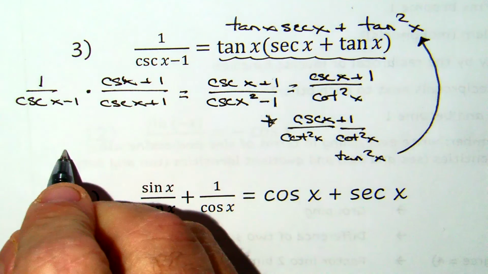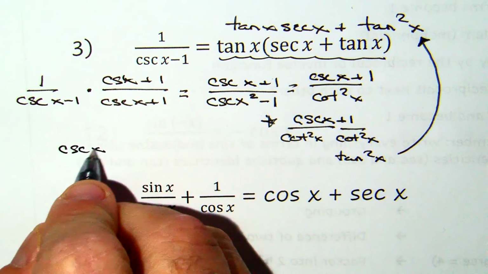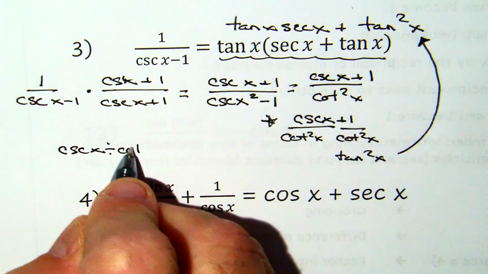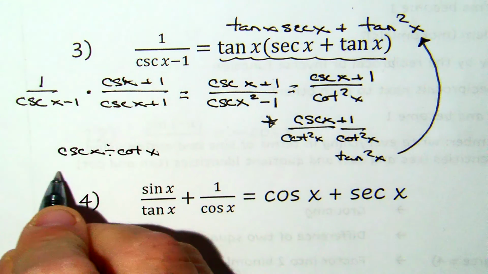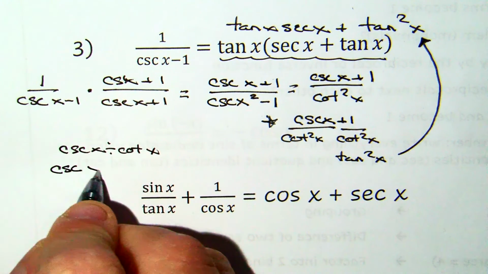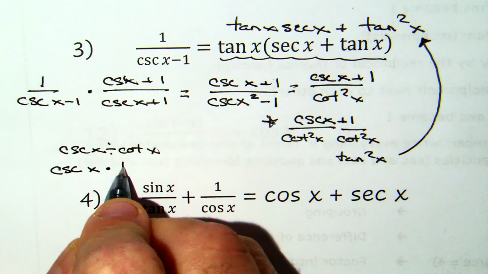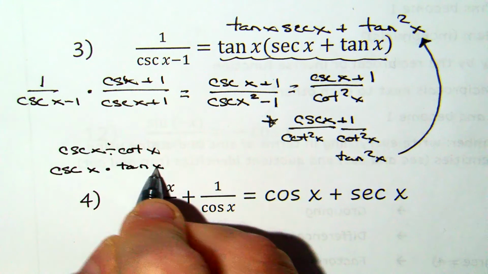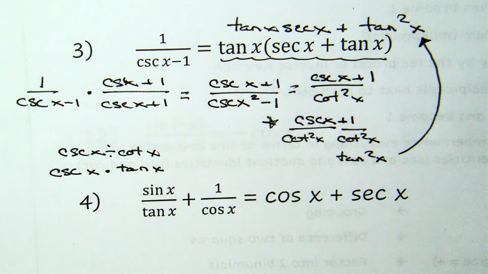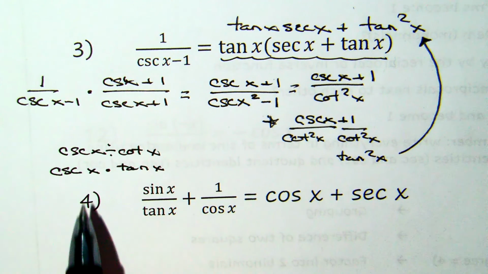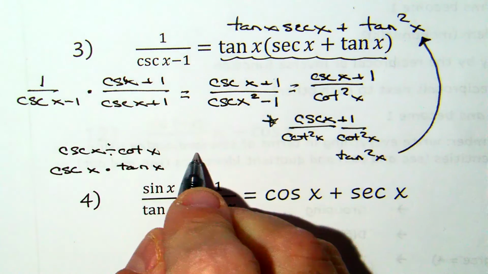I rewrite that as division. Cosecant x divided by cotangent x equals cosecant x times tangent x. Then I rewrite everything in terms of sine and cosine. Cosecant x is 1 over sine x.